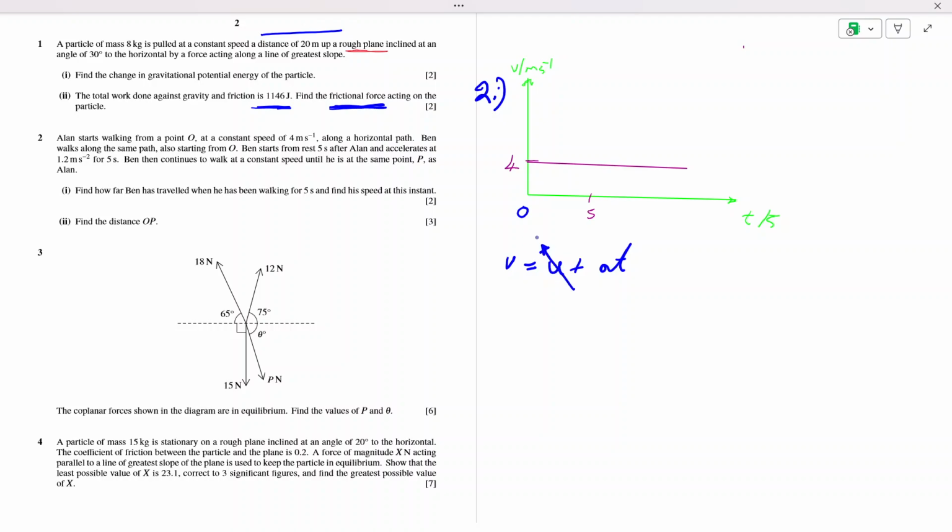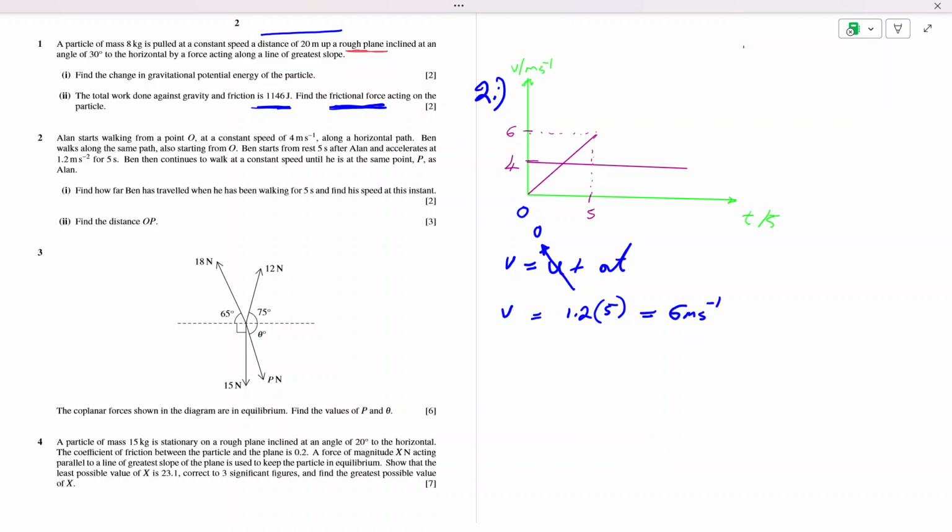I know that Ben starts from rest, so u is 0. So the final velocity is equal to the acceleration, 1.2, multiplied by the time Ben walks, 5 seconds. That gives me 6 meters per second. So I'm going to go back to my graph and mark the 6. From 0 all the way up to 5, Ben has a constant acceleration of 1.2 meters per second squared.